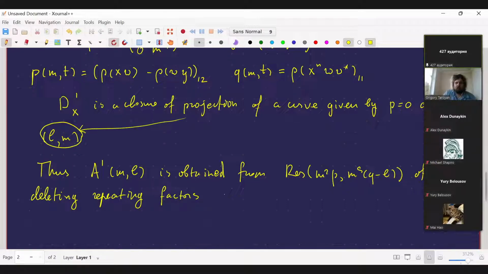So the exponents R and S are chosen so that these are polynomials and not just Laurent monomials in appropriate variables, in variable M specifically.